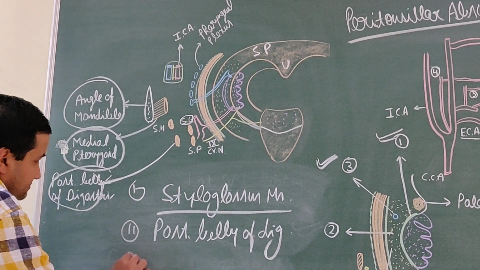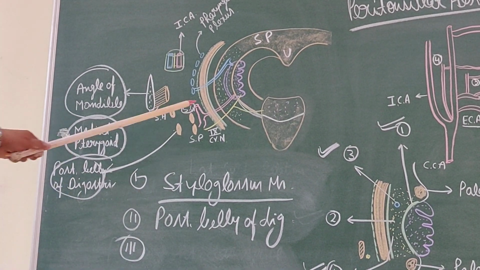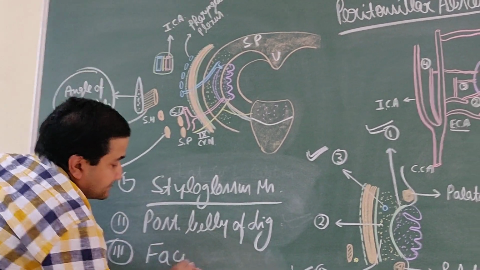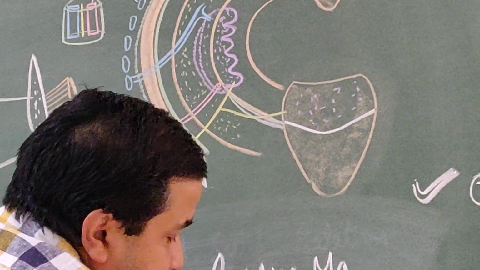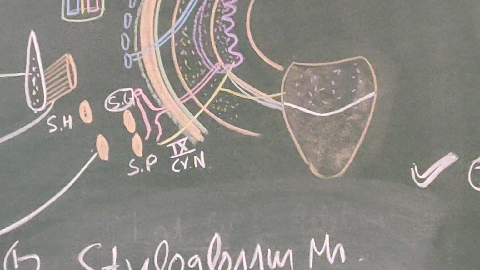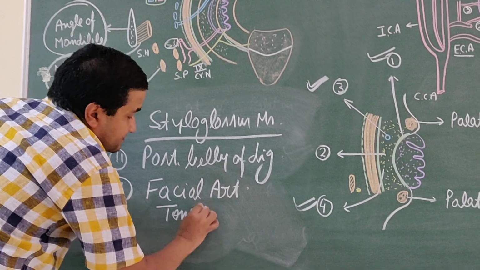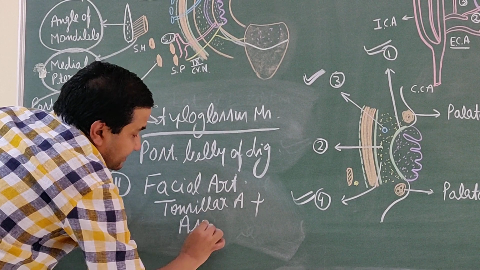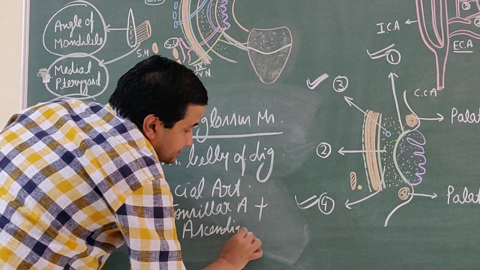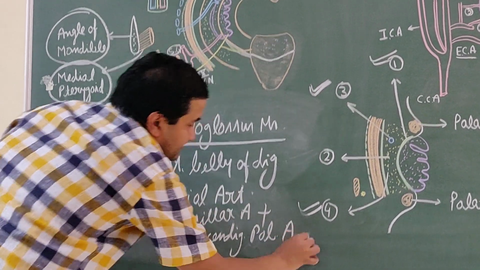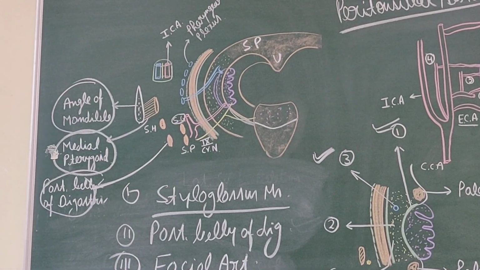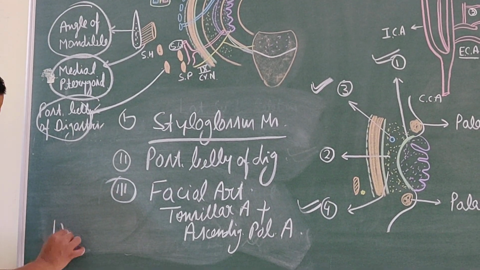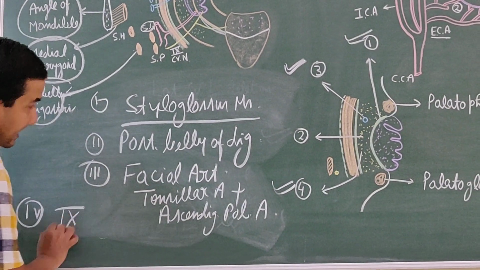Then this artery is a branch of the facial artery. That is the tonsillar artery and ascending palatine artery. Then there is a nerve. This nerve is the glossopharyngeal nerve, cranial nerve 9.